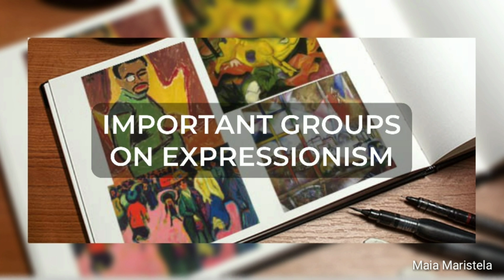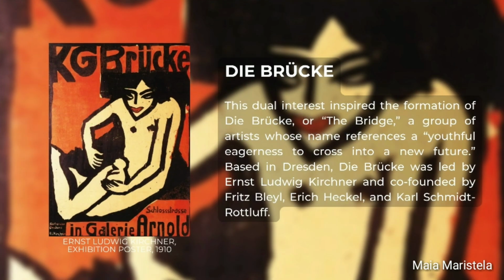Thank you, Mr. Michon. Since we already know the definition and history of Expressionism, I will now discuss the important groups and artworks of Expressionism. Die Brücke. This dual interest inspired the formation of Die Brücke, or the bridge, a group of artists whose name references a youthful eagerness to cross into a new future.